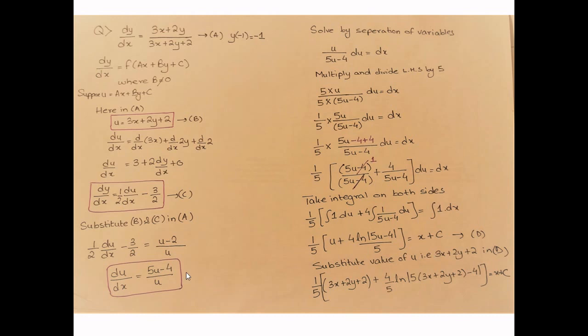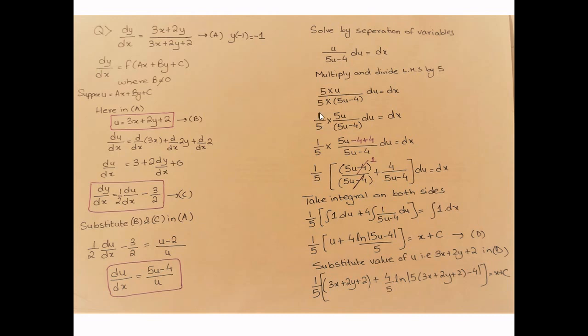After making all these substitutions in A, I will get du by dx is equal to 5u minus 4. Now we can easily separate these two variables u and x, and as you can see, on the left hand side I will get u by 5u minus 4 into du, and on the right hand side I will get dx.